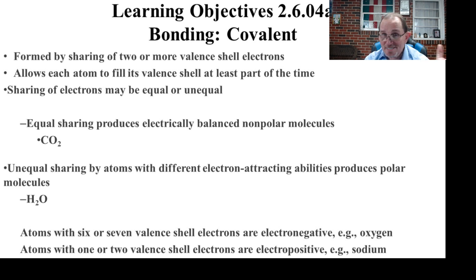Chlorine is electronegative. It's going to want to pull an electron away from another atom because it is so close to being stable that it's highly reactive. That's why chlorine is, like I was telling you guys, the basis of the first poison gas that the folks developed.